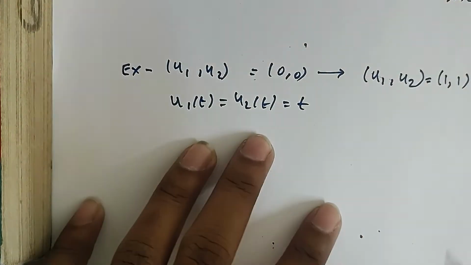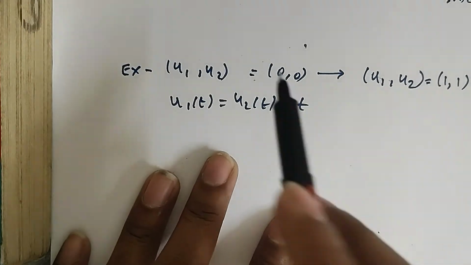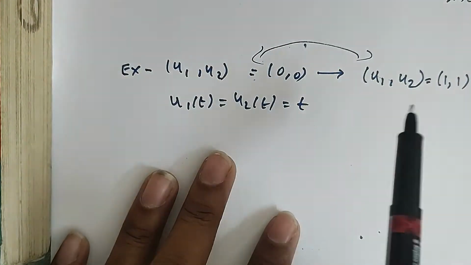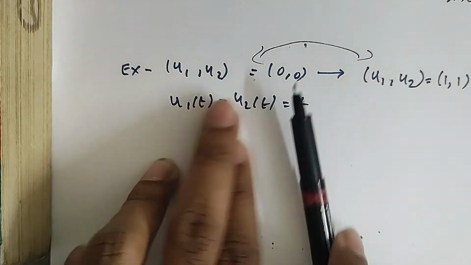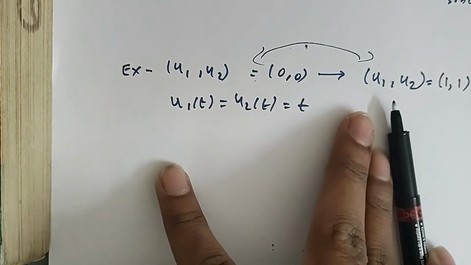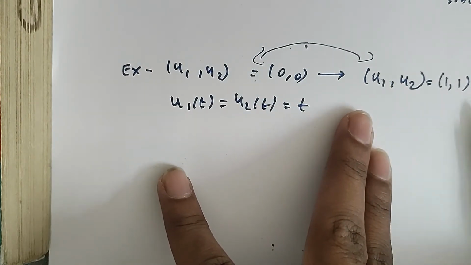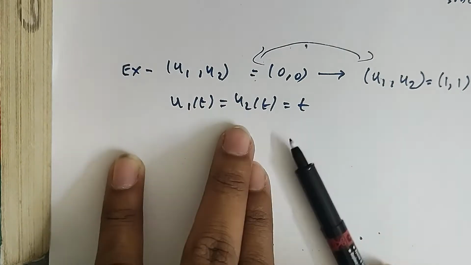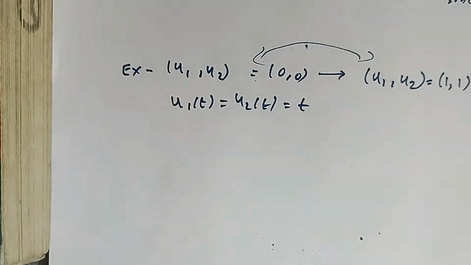If you see, this corresponds to a uniform motion. There is no hindrance over here. The point is initially at rest at (0, 0), then after some time it is at (1, 1), and u1(t) and u2(t) are nothing but the time element. This is a uniform motion.